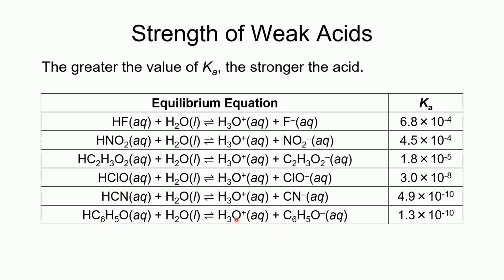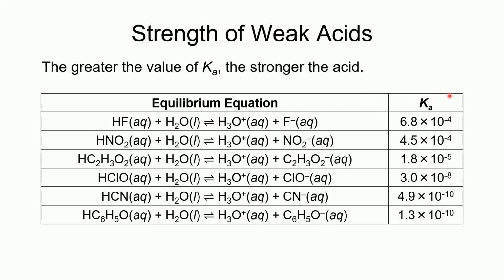That's actually the one we just looked at. You'll see there is a range of Ka values. The bigger the value of Ka, the stronger it is as an acid. The smaller the value, the weaker it is as an acid. Those are just a couple of examples.